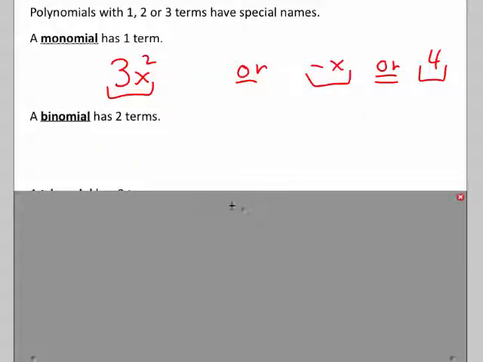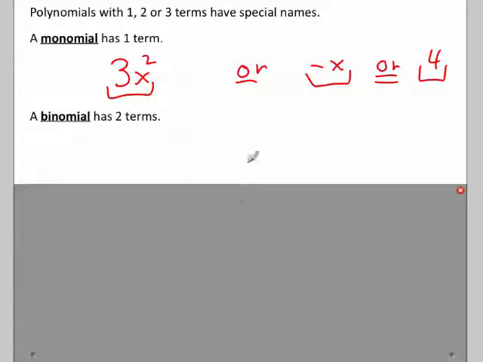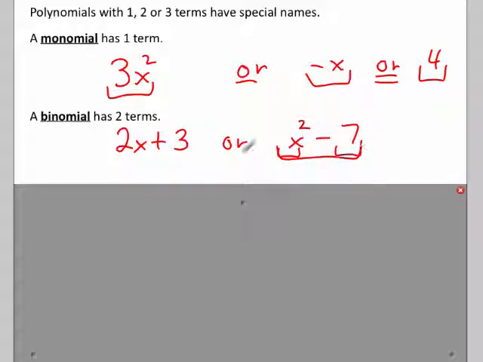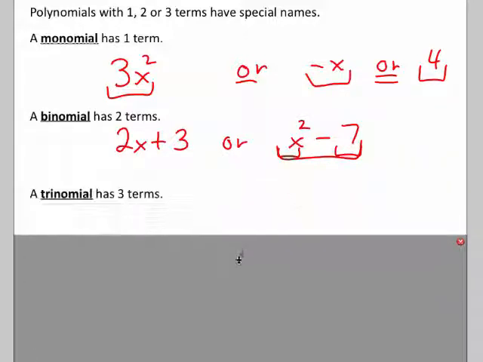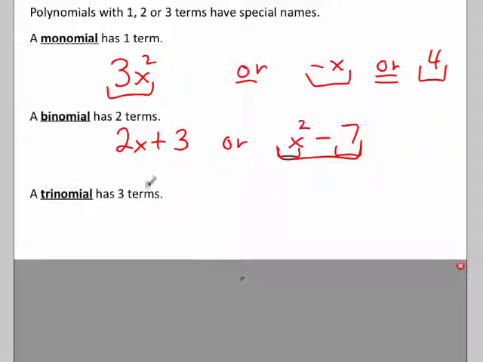A 2-term polynomial is called a binomial. So 2x plus 3, that's 2 terms. Or x squared minus 7, that's 2 terms, separated by a plus or minus sign. And 3 terms, not surprisingly, is called a trinomial. x squared plus 4x minus 1, 3 terms, a trinomial.